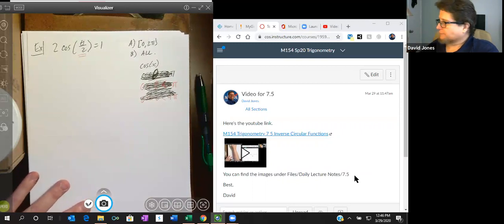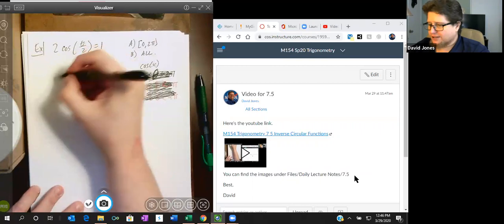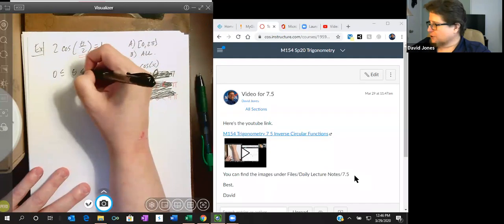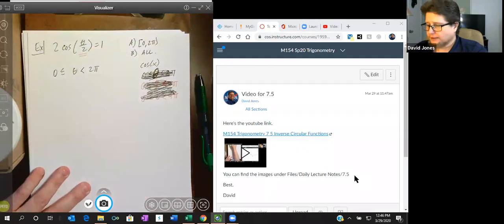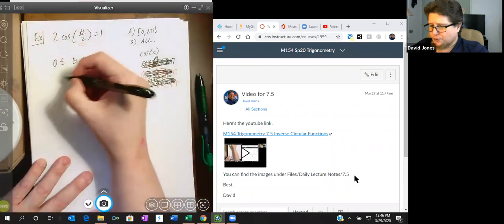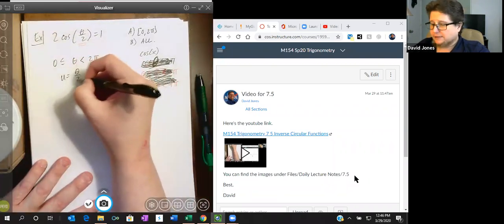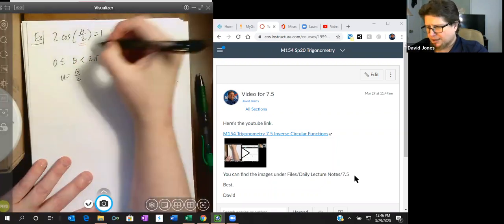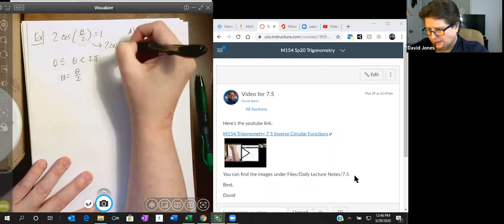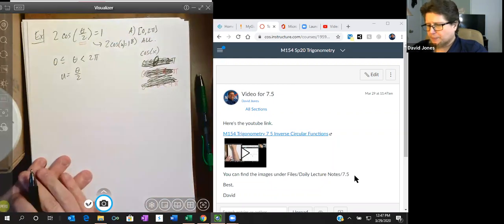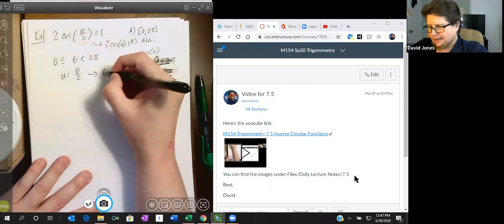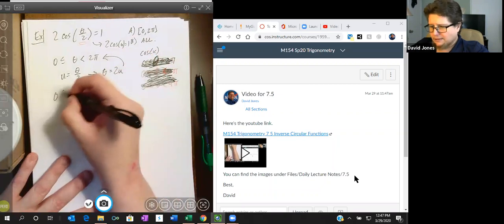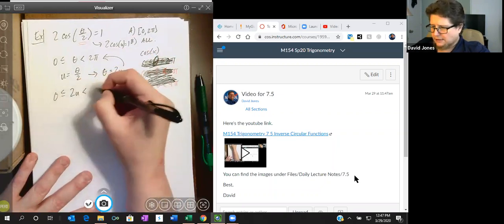Okay. Normally I have 0 is less than or equal to theta, which is less than 2 pi. Let's say u equals theta over 2. So this becomes 2 cosine u equals 1. This means theta equals 2u. And I can replace that back in.